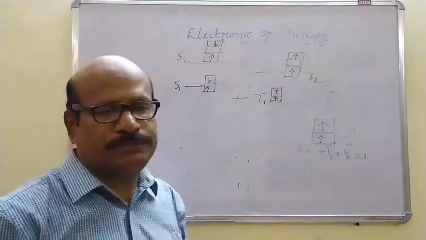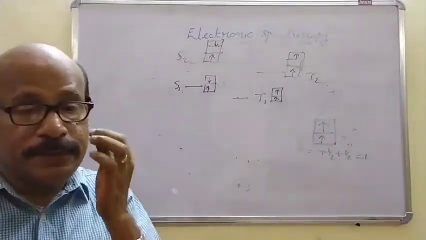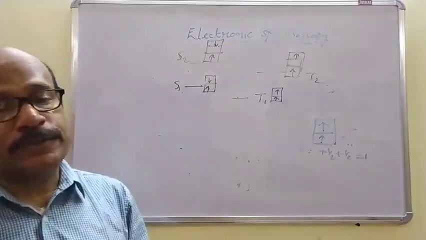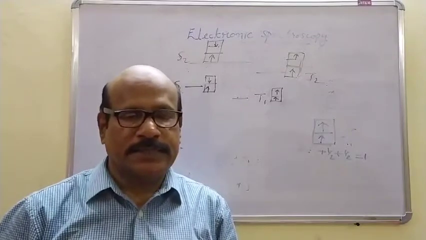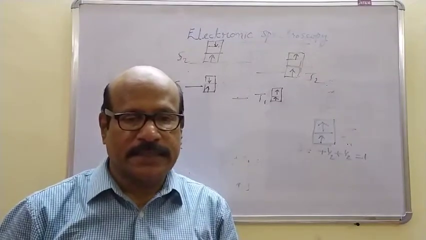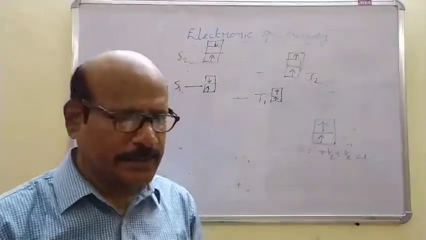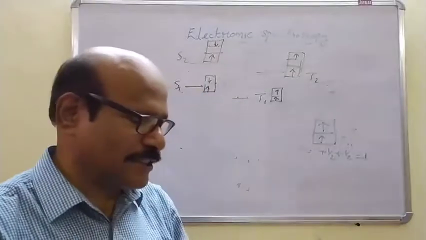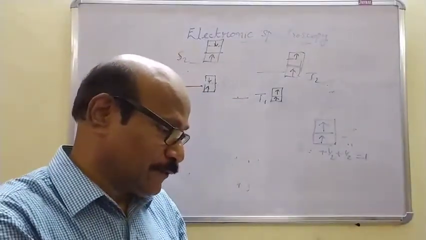Now I come to the spin conservation rule. In electronic spectroscopy, there is a quantum mechanical selection rule, that is the spin conservation rule, also known as the spin selection rule. I will come to that aspect. The electronic transition is governed by the spin conservation rule.